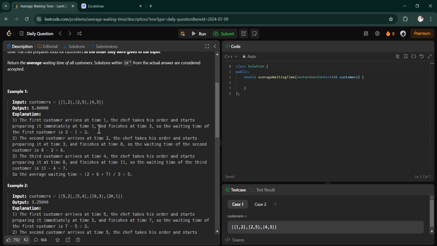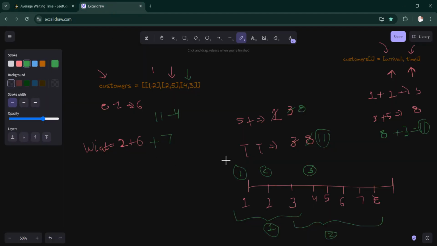So from 8 to 11 the chef was preparing the third order. The total waiting time for the customers is 2 plus 6 plus 7, that is 15.